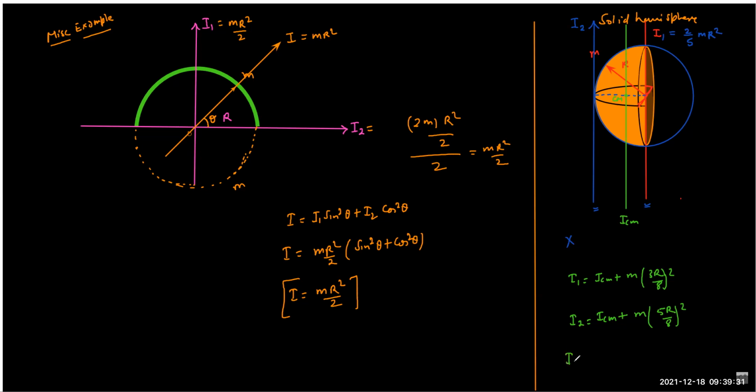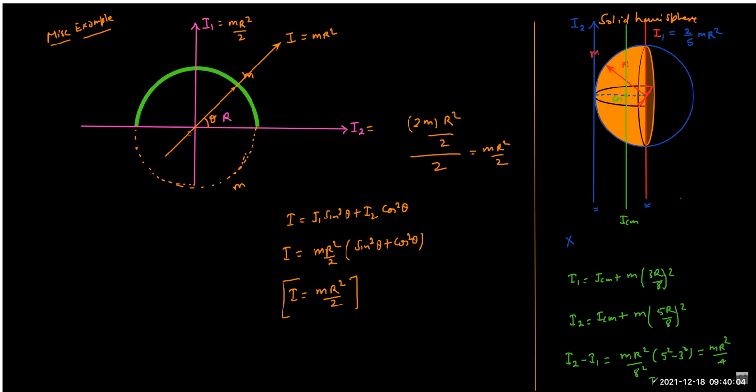So I can say I2 minus I1, because I2 is bigger, equals M R square by 8 square times 5 square minus 3 square, which is how much? 16. Yes. So this is M R square by 4. And because you know the I1 value, you can get I2 now.